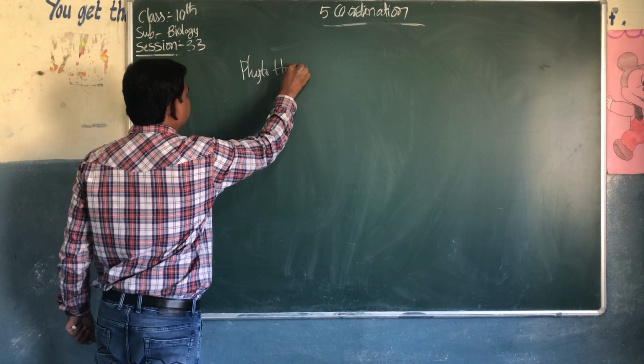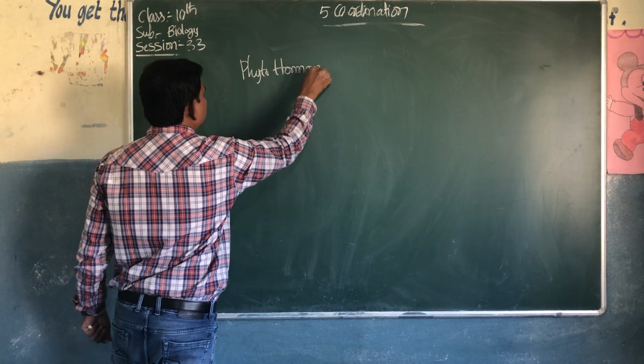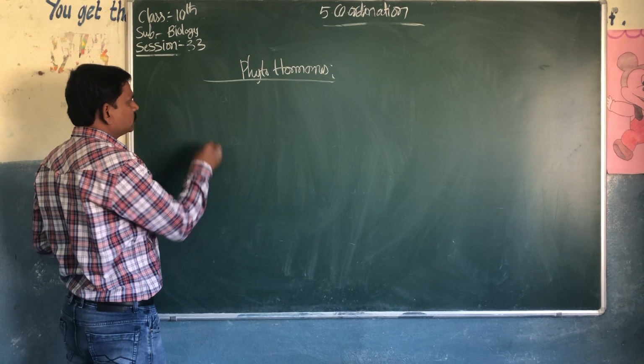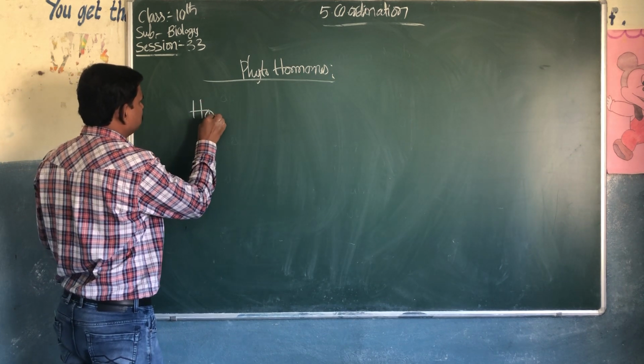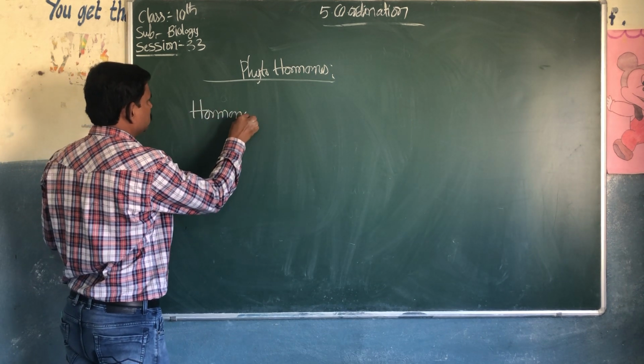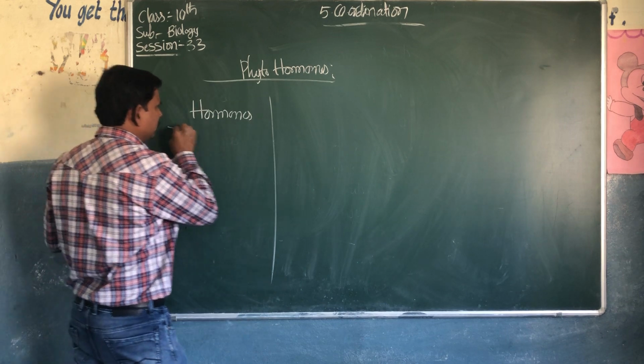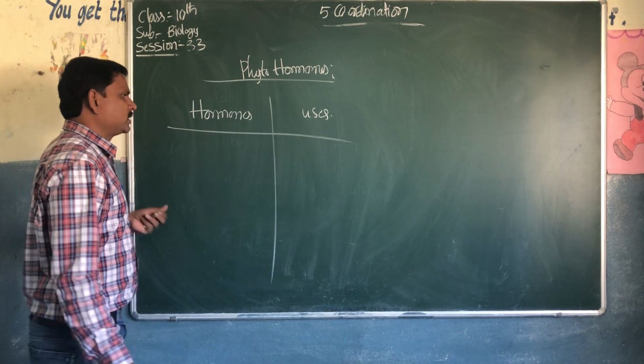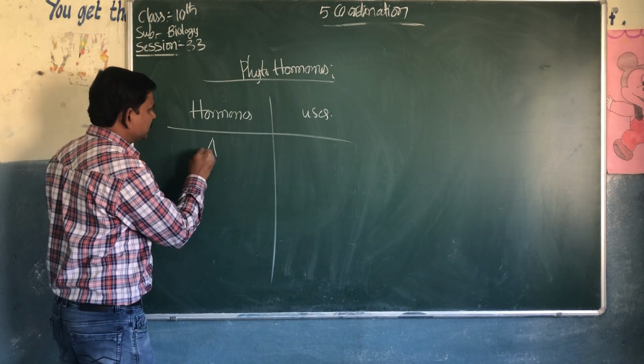Phytohormones. Table: what are the hormones, and what are their uses? First one is auxins.